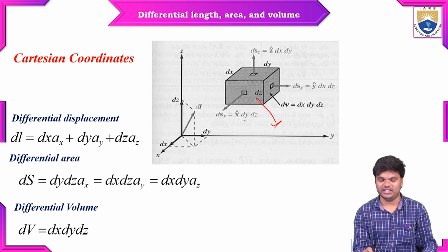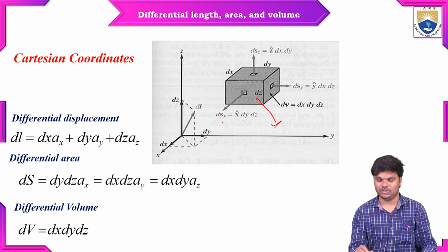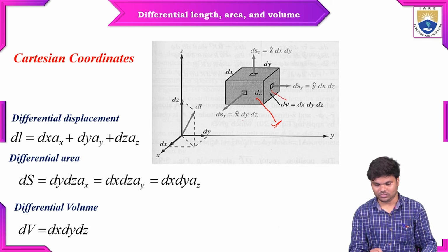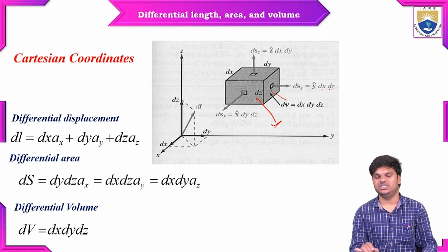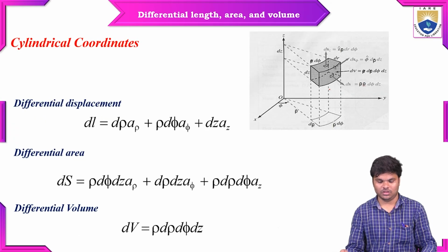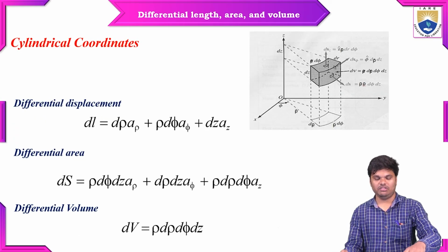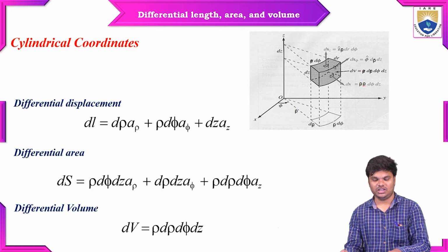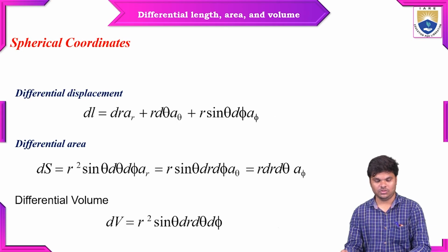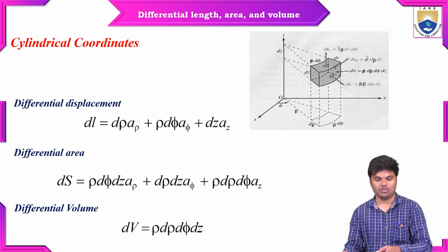So that's why dy dz into x cap. This one is in the xz plane. That's why dx dz into y cap. So these are the equations for differential displacement, differential area, and differential volume in spherical coordinates. In cylindrical coordinates.